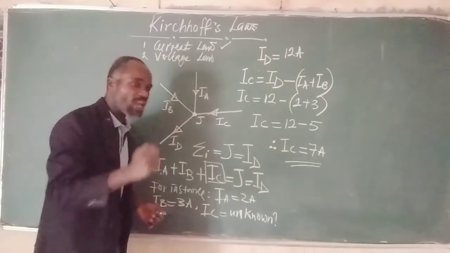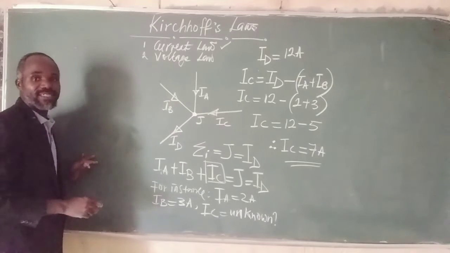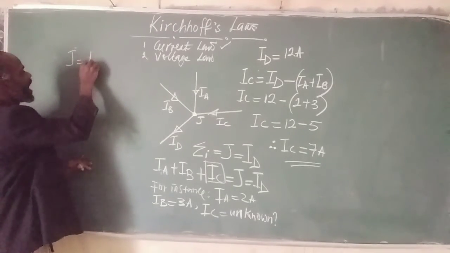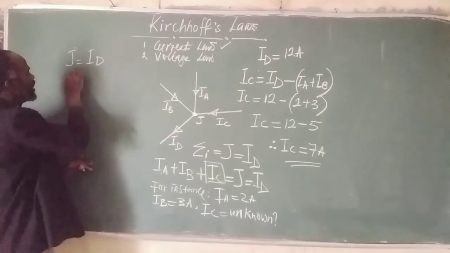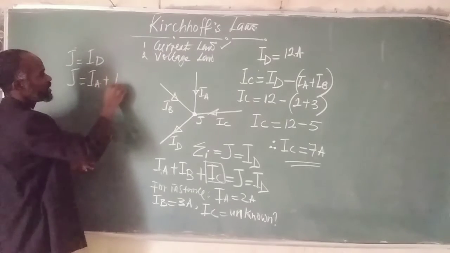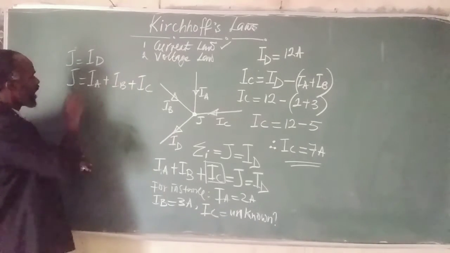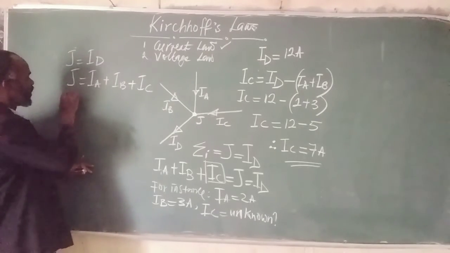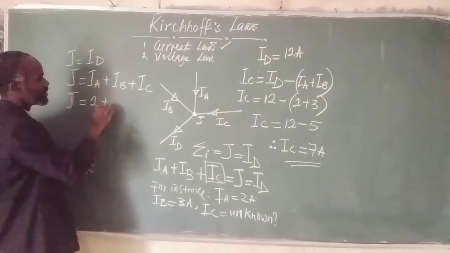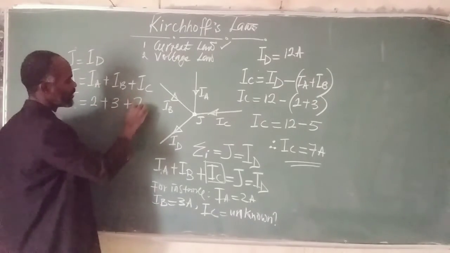Now, if that is the case, we can state that J is equal to ID, meaning that J is equal to IA plus IB plus IC. If we want to find J, this is 2 amps, this is 3 amps, and this is 7 amps.